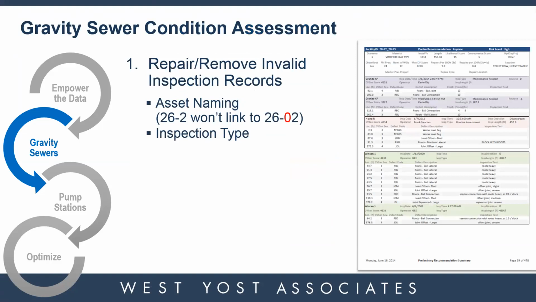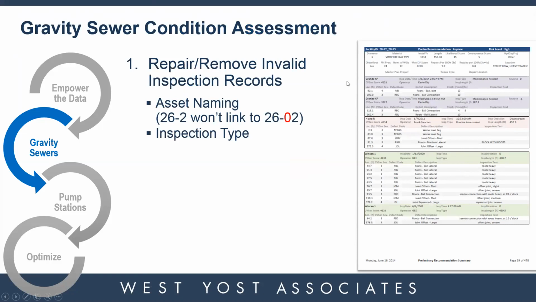Just to give you an idea of a couple of pieces of this, the gravity sewer condition assessment results: I mentioned that they had 4 separate databases, so you have to deal with the fact that you have multiple inspections. This sheet shows each color is a different inspection. This particular pipe actually had 4 different inspections from 3 different databases.